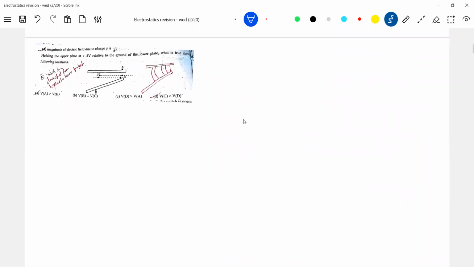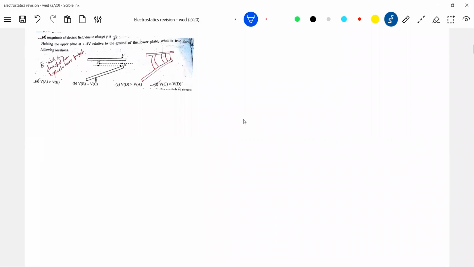Okay, let's take this. He's asking you to compare some conditions. So I just drew the field lines. There's a plate A, there's a plate B, and the plate B is slightly inclined. Then, holding the upper plate at 5 volt relative to the ground of the lower plate, what is true about the following locations? So the plate BD is earthed, and the upper plate AC is at 5 volt.